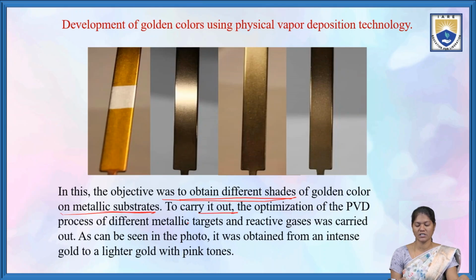To carry this out, the optimization of the physical vapor deposition process of different metallic targets and reactive gases was carried out. As can be seen in this photo, it was obtained from an intense gold to a lighter gold with pink tones.